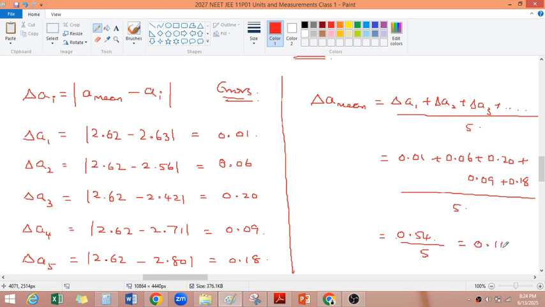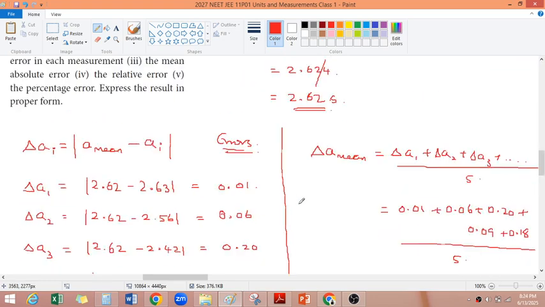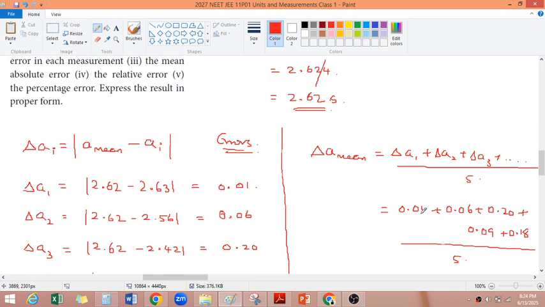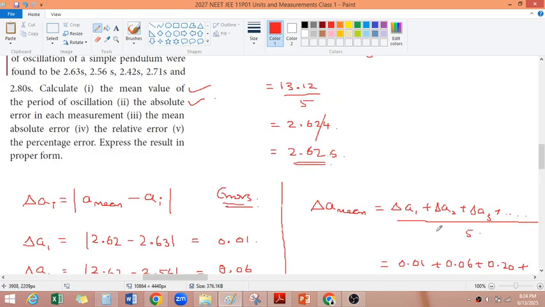So 0.108. And I think I can round this off, so it will become 0.11. Okay, for 2 digits. Any doubts here? So if you follow this, very simple. So we are calculating the mean of the errors. So that means the error is around 0.11. So that means the third division is done.